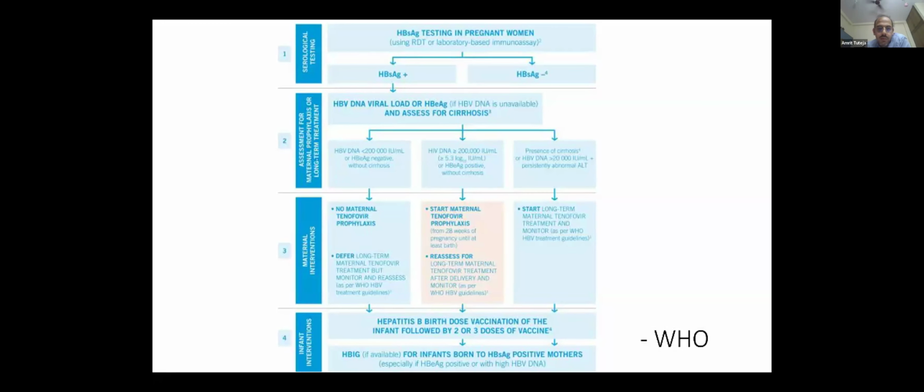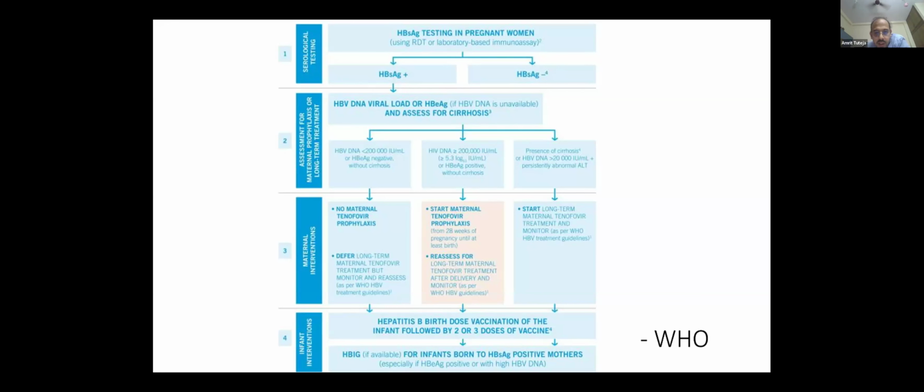So this is just a WHO flow chart, which mostly is the maternal part. If HBsAg is positive, and viral DNA or HBeAg, if these two are positive, viral DNA high means more than 2 lakh international units per ml, and the HBeAg if positive, then mother mostly will have to take antivirals also.